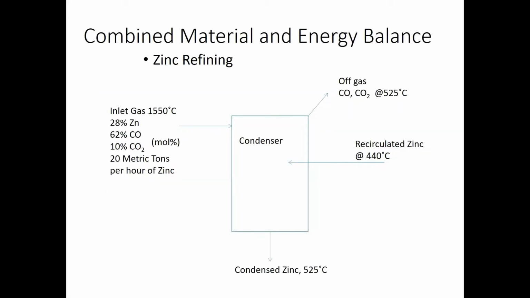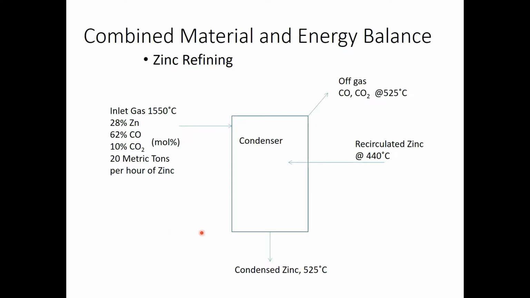All right, so looking at our flow chart, again, this is a combined material energy balance. We're looking at zinc refining. We have this input gas. It's 28% zinc, 62% carbon monoxide, and 10% carbon dioxide. That's given to us in mole percent. We know our input temperature is 1550 degrees C. Instead of assuming a basis, we're given a basis of 20 metric tons per hour of zinc.